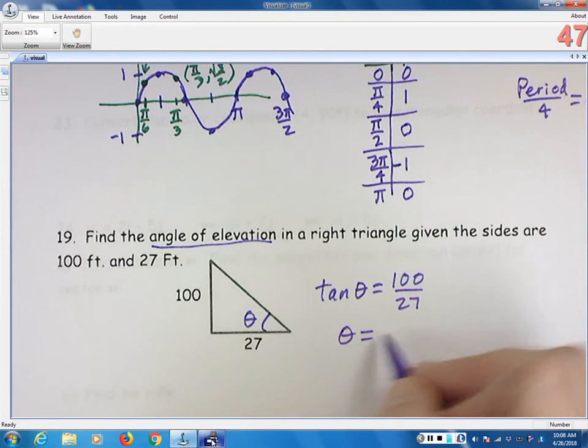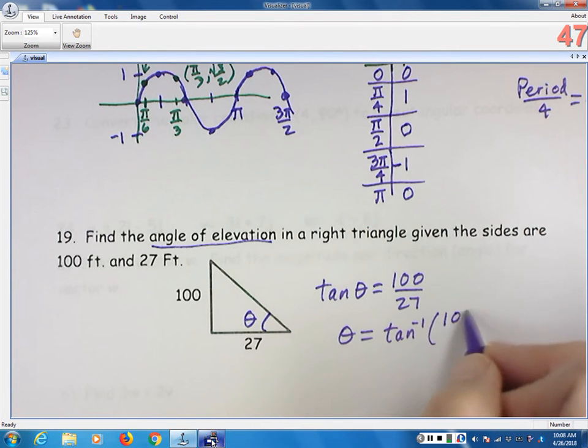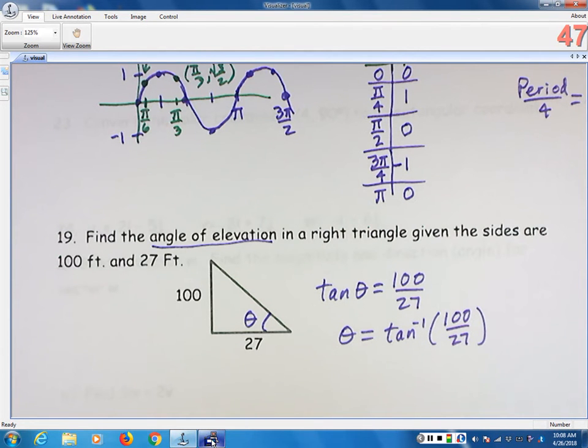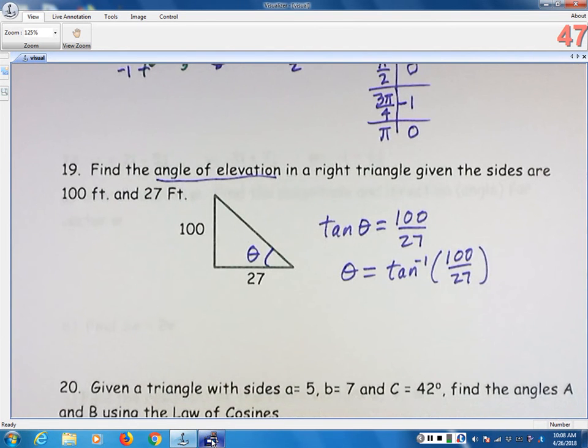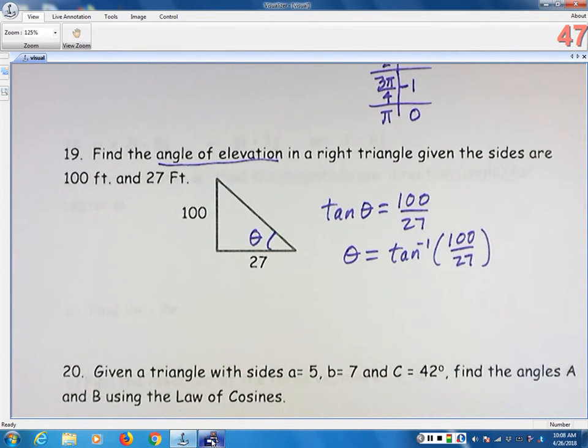Theta will be tangent inverse of that. Just type that in. If it asks for degrees, then give it to me in degrees. If it asks for radians, it'll ask for the certain item. And if it doesn't ask, then label your answer with a degree symbol if you use degrees, and write radians if it's in radians.